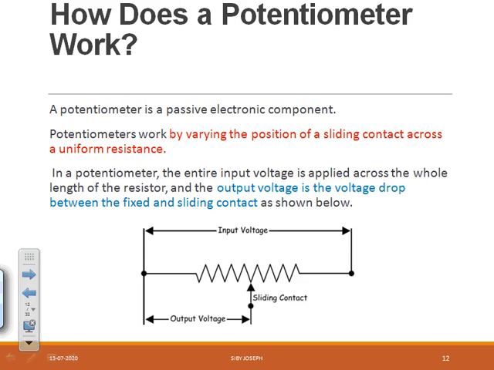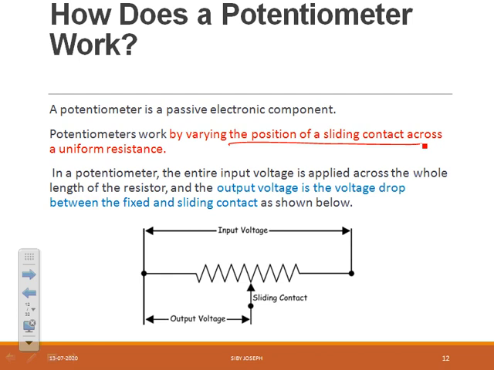Then how does a potentiometer work? As I said earlier, it is a passive electronic component. The potentiometer works by varying the position of the sliding contact across a uniform resistance.